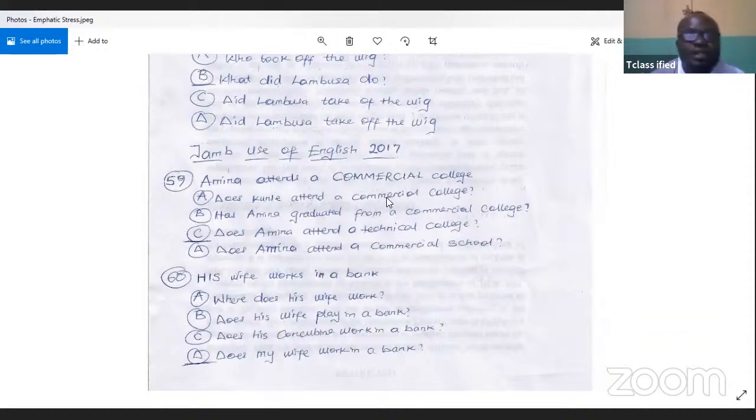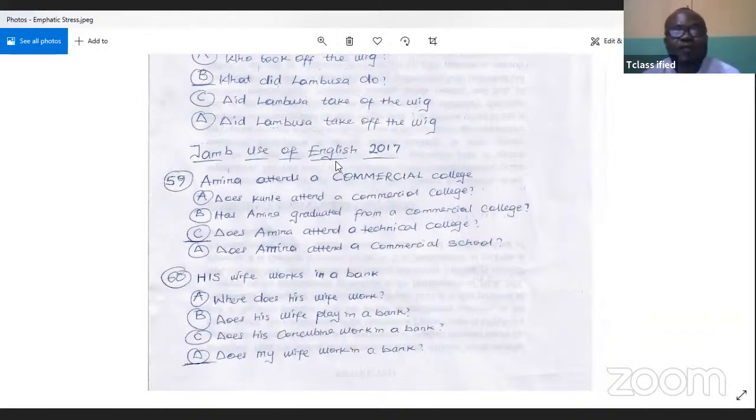There's still commercial, so this cannot be the answer. B, has Amina graduated from a commercial college? There's still commercial, so this cannot be the answer. And number C, does Amina attend a technical college? You can see the word commercial, which is the stress word, has been changed to technical. So that makes option C the right answer. Option D, does Amina attend a commercial school? There's still commercial. So this cannot be the answer.